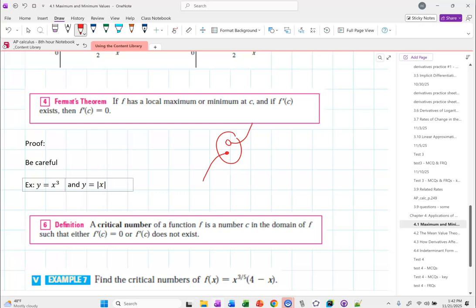That's a requirement. But that's not an absolute maximum or minimum, right? Everybody agree? Okay. But if the derivative is 0 there, that's got to be a max or min, right? Is that true? No, right? What could we do?